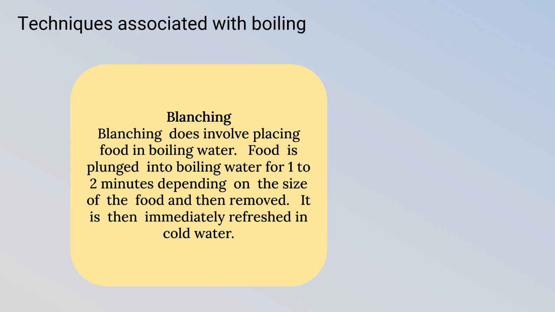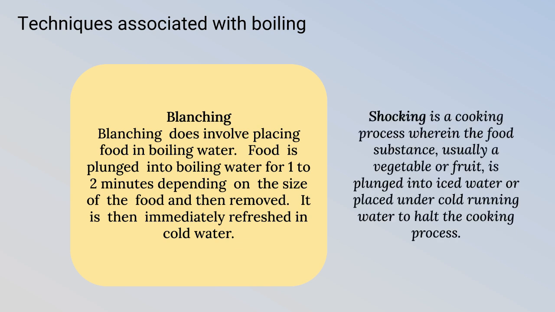So we are treating the product first in boiling water, followed by refreshing in cold water or ice cold water. That entire process is known as blanching. The second part, dipping it in ice cold water, is precisely known as shocking.